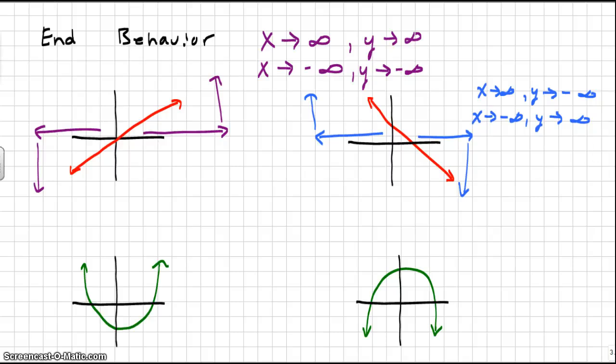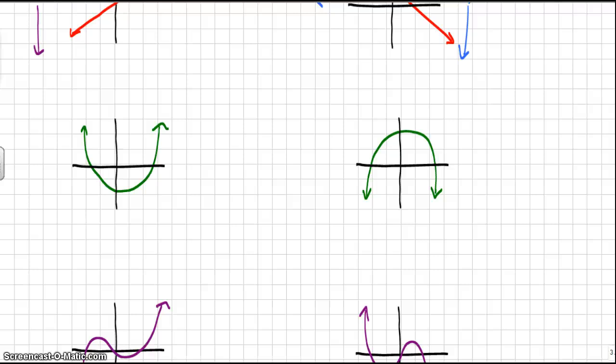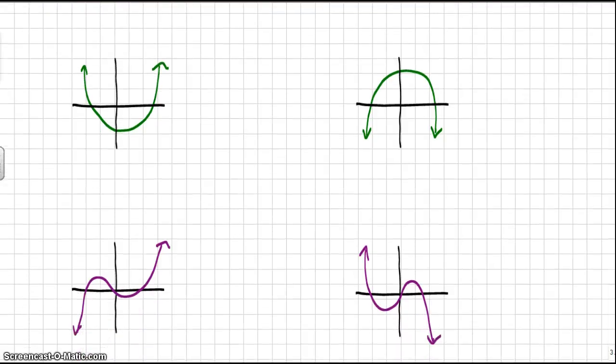Now, if I look at the next one, it is a quadratic. So I want to look at what happens as x approaches infinity in this quadratic. If I pick some really big number for x, I'm going to get some really big number for y.